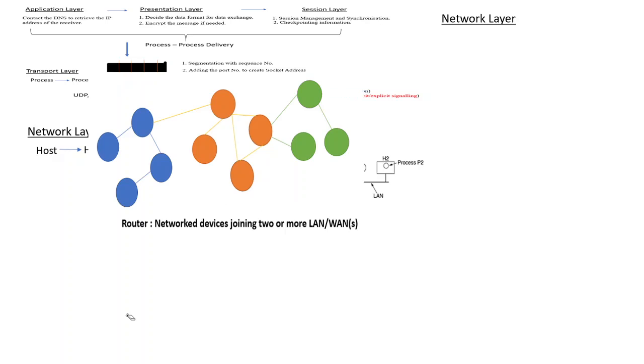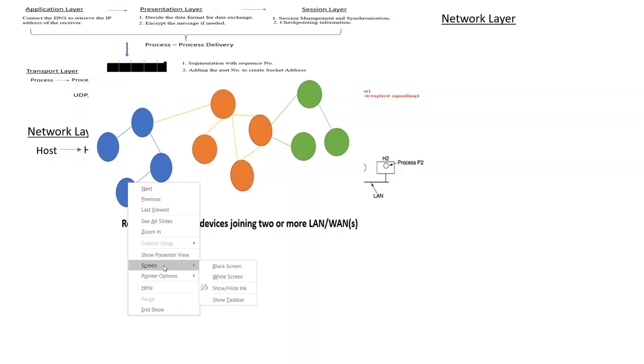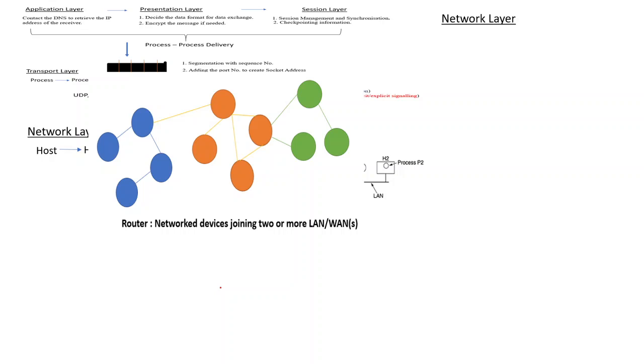Next, we have another thing, that is a router. A router is a network device. It is also a computer which joins two or more subnetworks, or LAN or WAN, whichever you would like to call it.